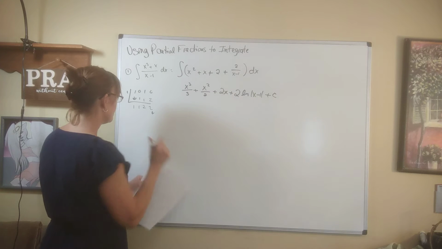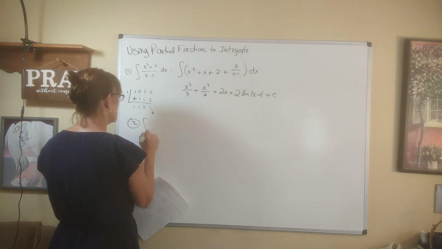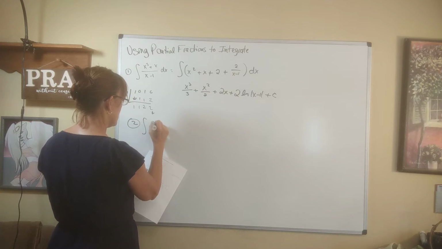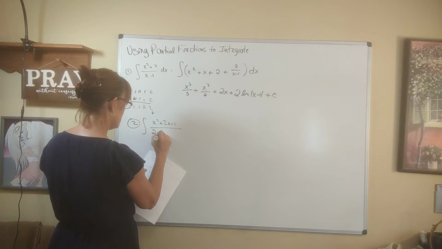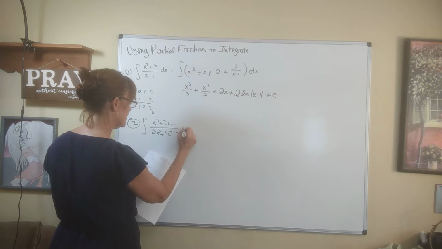Here is the second one. We had the integral of (x squared plus 2x minus 1) all over (2x cubed plus 3x squared minus 2x) dx.